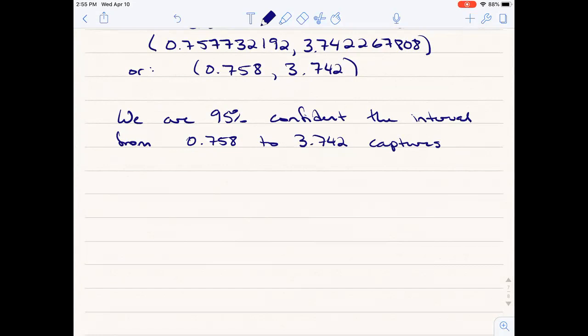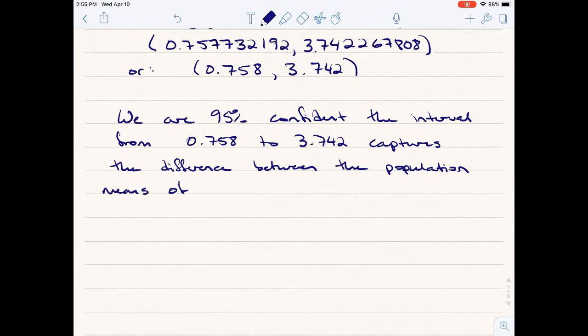The question said, construct a 95% confidence interval for the difference between the population means of men and women. Still no mention, means of what? Nobody knows, it doesn't matter. But now we're 95% confident that this interval captures the difference between the population means of men and women.